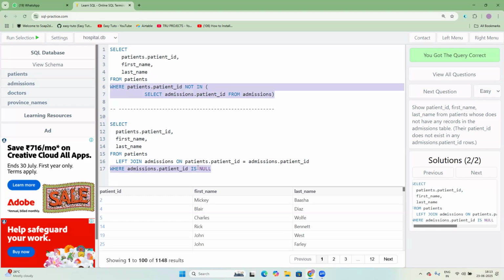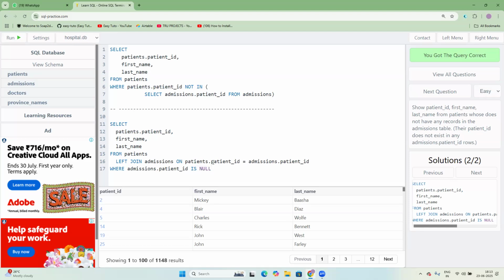We are just writing it like this because the logic differs. Just remove is null and use not in patients.patient ID. No, I can't do that because I have to pass multiple values if I'm using not in, right? What are the values that I have to pass here? I can't pass any values, right? That's why we are directly using is null.